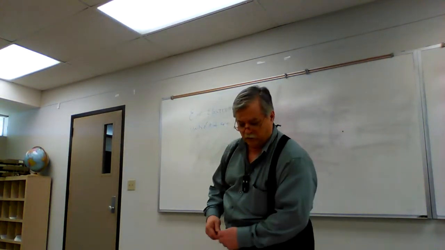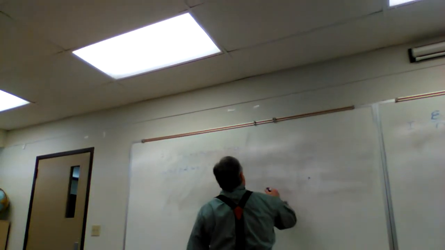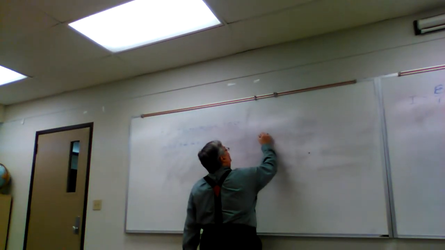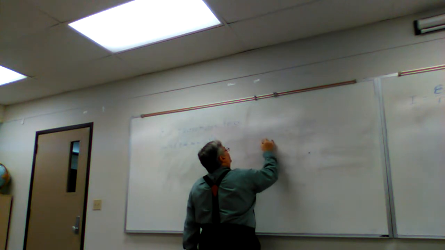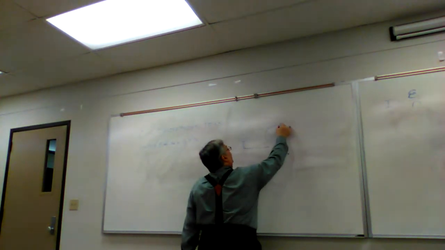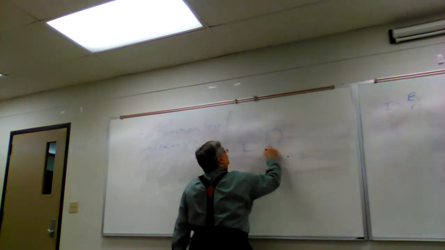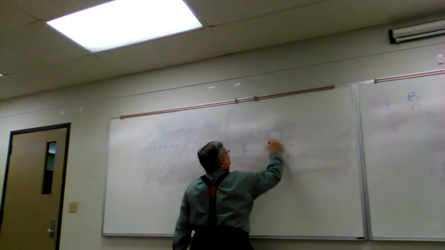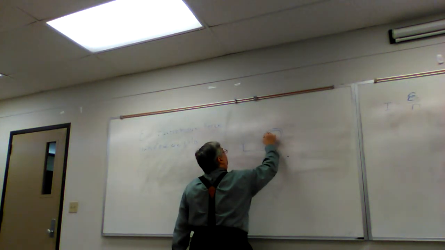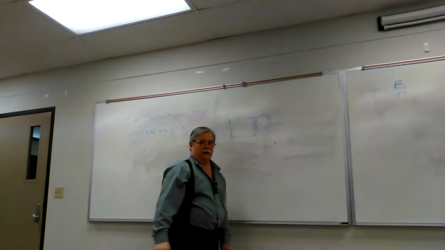Here in figure 21.1 on page 591, there's a picture of his very first setup. He took a battery and an iron ring, and he coiled a wire around that iron ring.